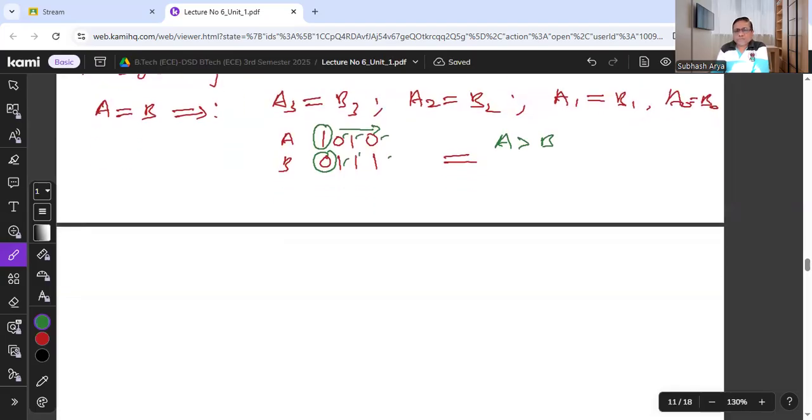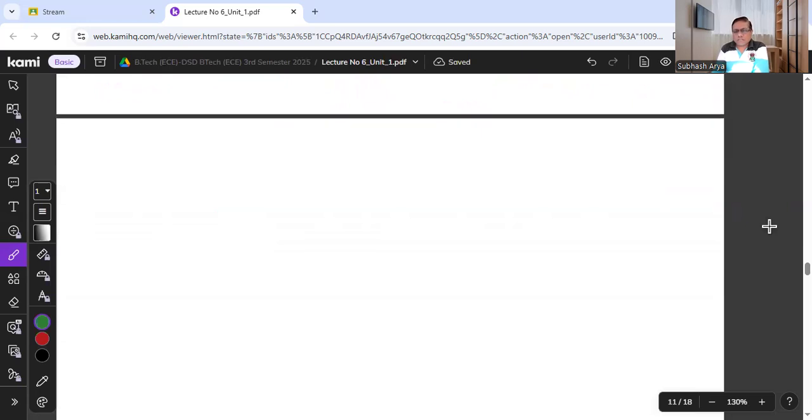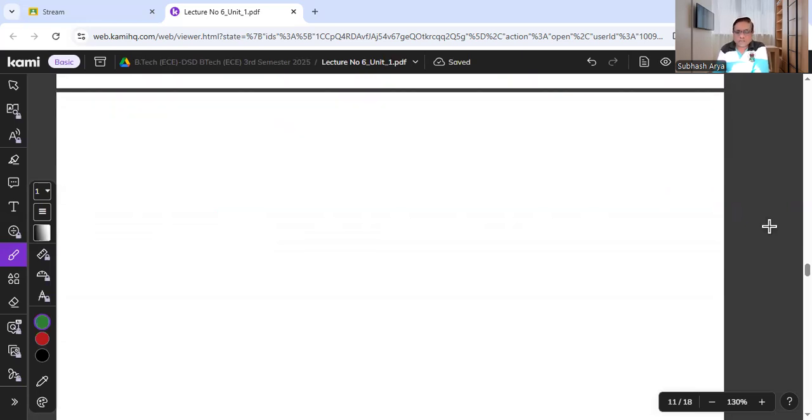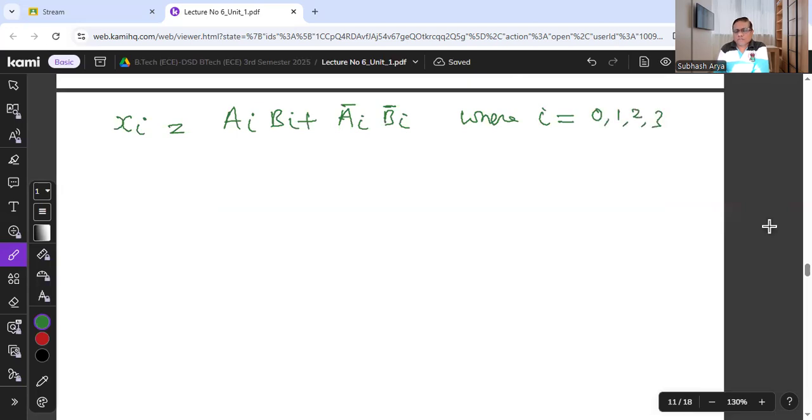Now, how to implement with the help of logic gates? We have seen that the equality condition can be implemented with the help of an exclusive NOR gate. So I will write now the algorithm, say xi is equal to ai bi plus ai bar bi bar, where i is equal to 0, 1, 2, 3 for the case of 4 bits.